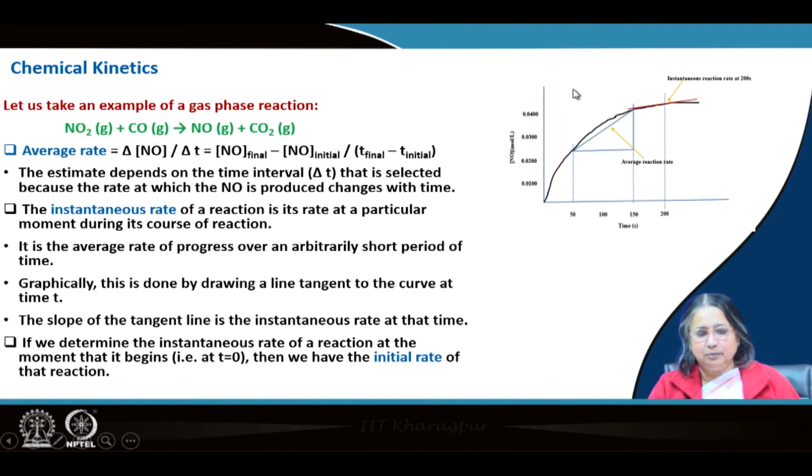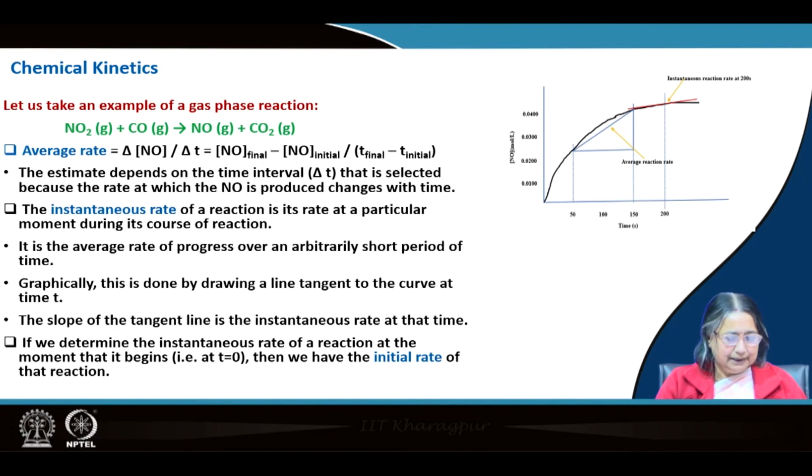Then in the same way you have to draw the perpendicular from these cutting points, and then you know the concentration difference and you know the time difference. This way you can find out the instantaneous rate at this point. So, this is very easy.